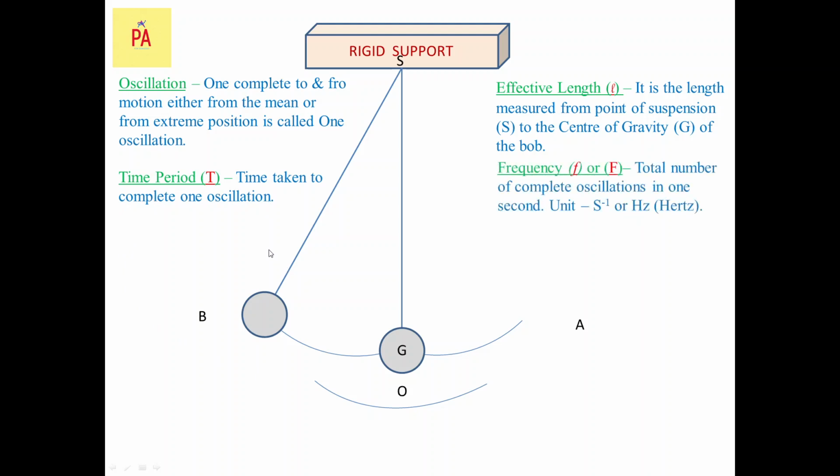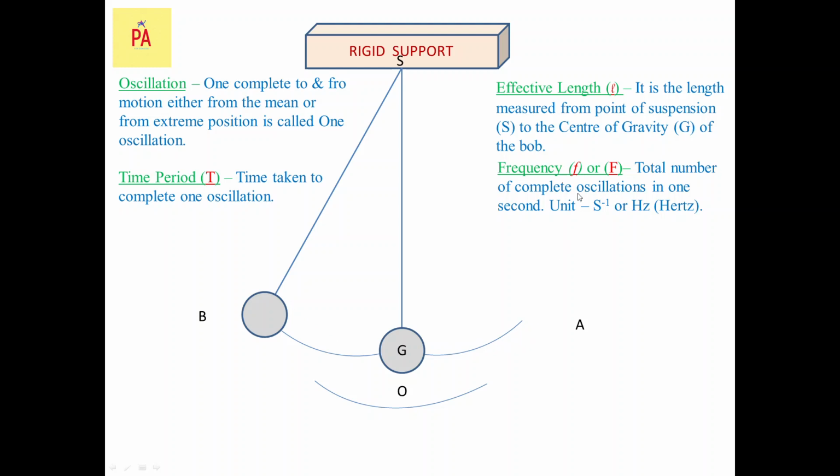Next, frequency. Frequency is the total number of oscillations in 1 second. You have learned that the timing of one complete to and fro, or oscillation, is called the time period. Now in 1 second, say it started from A, moved to B, came to A, again moved to B, again came to A. That means there are 2 oscillations done in 1 second, so the frequency will be 2.